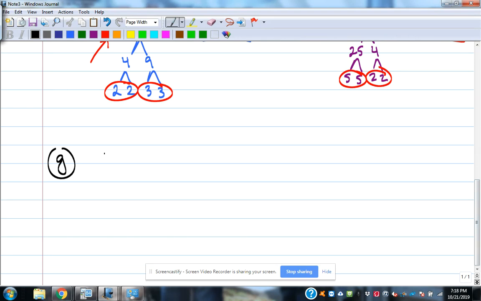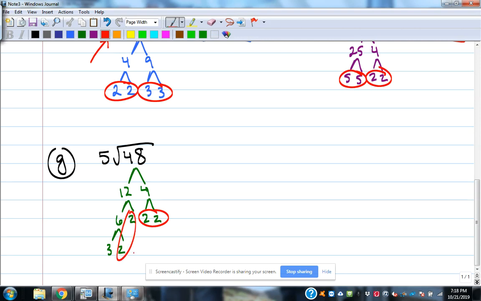Let's say we had a 5 radical 48. So the 5 is already out there. And then they got a 48 underneath there. We're going to break down the 48. 12 and 4. 12 would be 6 and 2. 3 and 2. 4 is 2 and 2. 2 pairs of 2s.